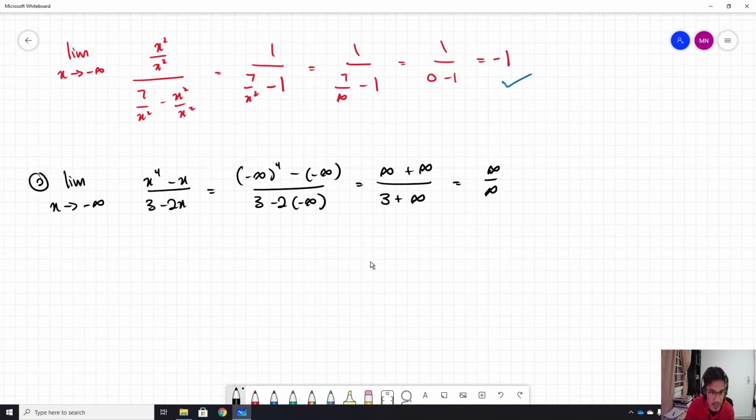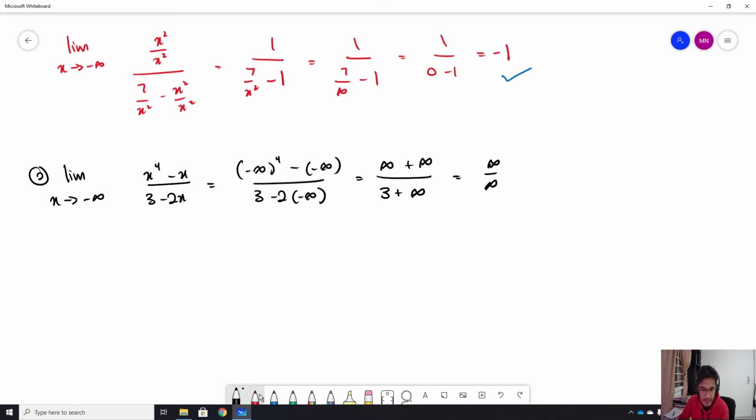So apa kita perlu buat adalah bahagikan pecahan ini atas dan bawah dengan kuasa x yang paling besar di bawah. Tengok, paling besar di bawah adalah x power of 1. So x approaching negative infinity, x power 4 over x minus x over 3 over x minus 2x over x. So kita akan ada x power of 3 minus 1 over 3 over x minus 2.